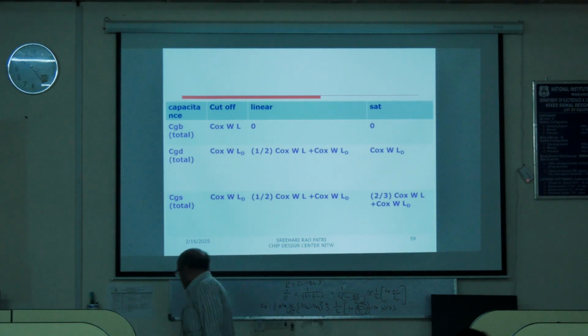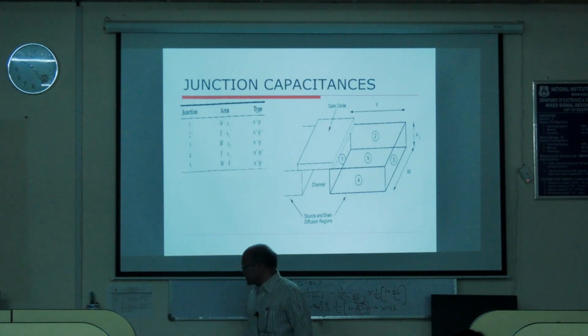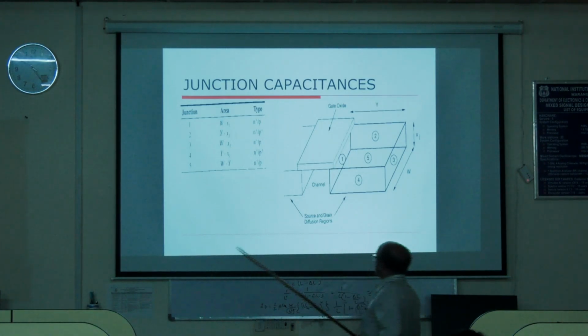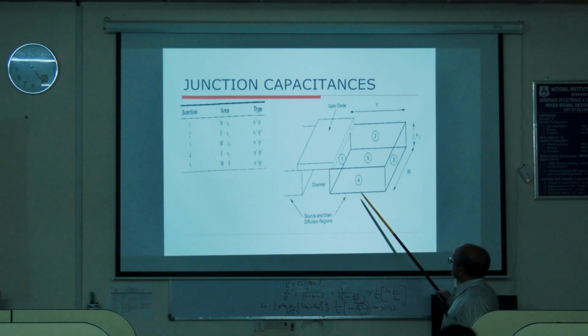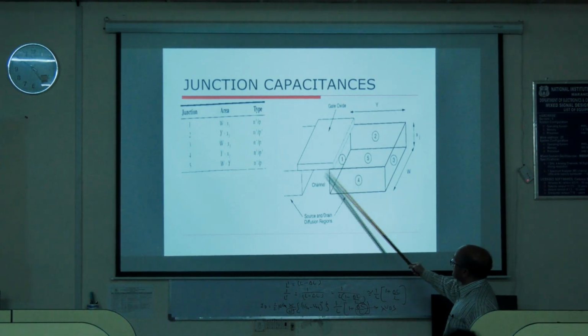Alright, so let us move ahead. Not only that, there will be sidewall capacitance also. So various junctions are there. The first junction is N plus and P, an N plus P junction.